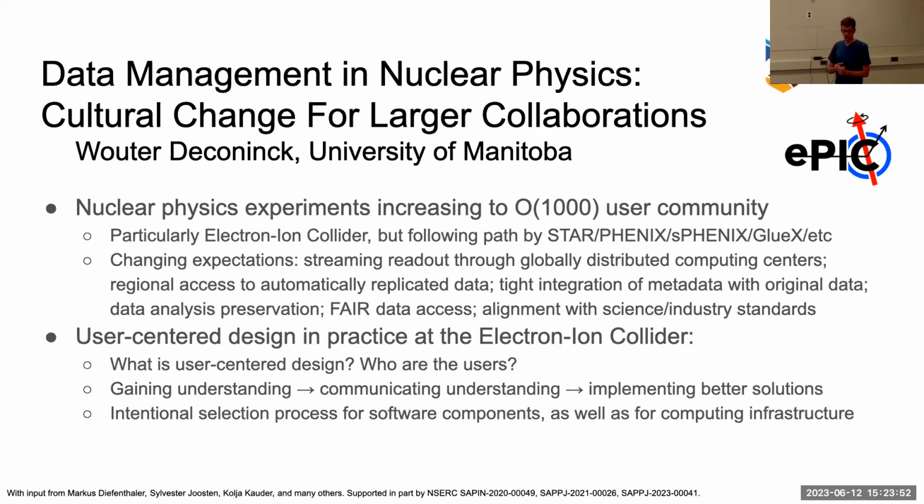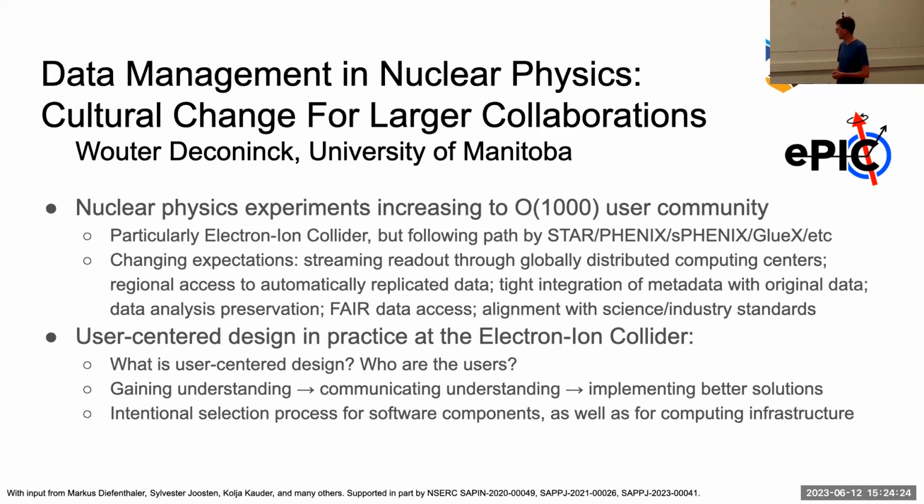So we want to gain understanding of those users, communicate that to developers, and then implement better solutions, particularly solutions that are going to be adopted by users and be seen as a benefit for users. We have gone through an intentional decision selection process for all of the software components in our environment, including some of the hardware infrastructure that we're currently going through.